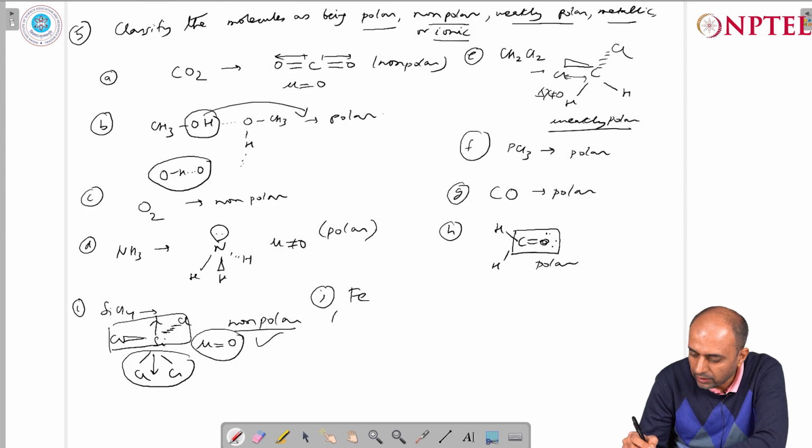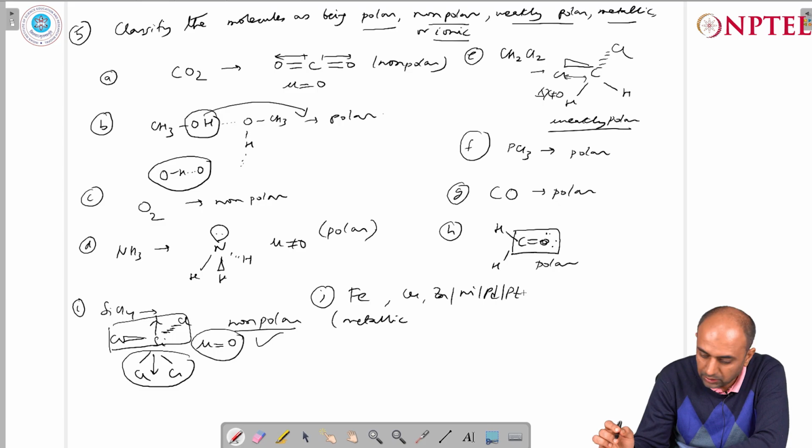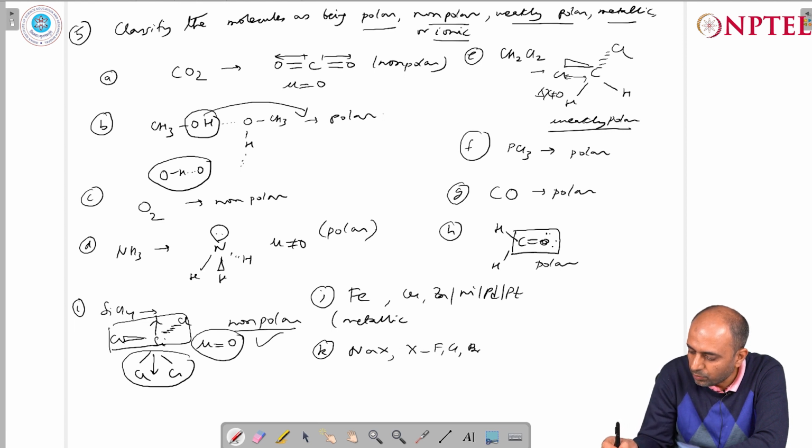Iron. Iron is a metallic species. You can take copper, you can take zinc, you can take nickel, you can take palladium, you can take platinum. These are pure metallic species. And then we have taken examples of different salts, where X is equal to fluoride, chloride, bromide and iodide.